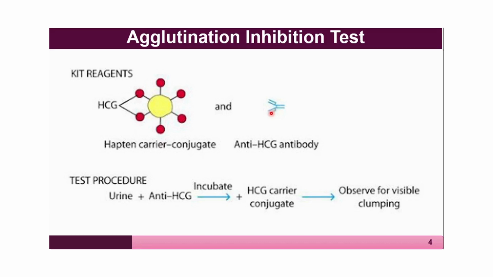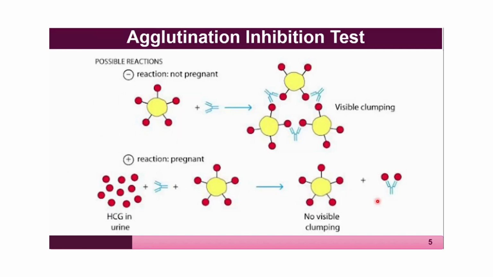Let us say the urine sample has come to the lab for testing. To that urine sample, the anti-HCG is added and mixed well, and after that the latex beads coated with HCG are added. Once again mixed well, then observe for visible clumping. The reaction is shown here.